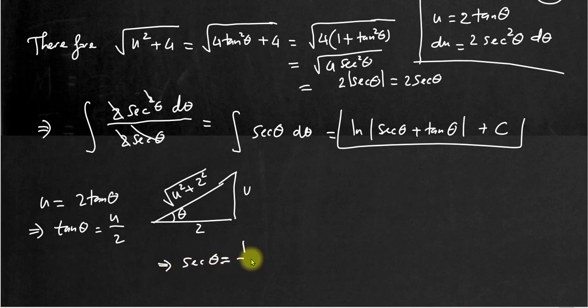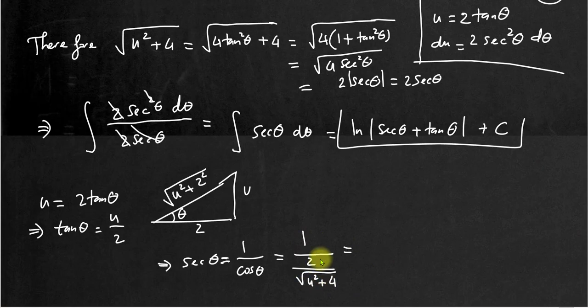You know that secant is 1 over cosine, okay? And cosine of theta is equal to adjacent divided by hypotenuse, which is 2 divided by the hypotenuse, which is the square root of u squared plus 2 squared, which is 4.